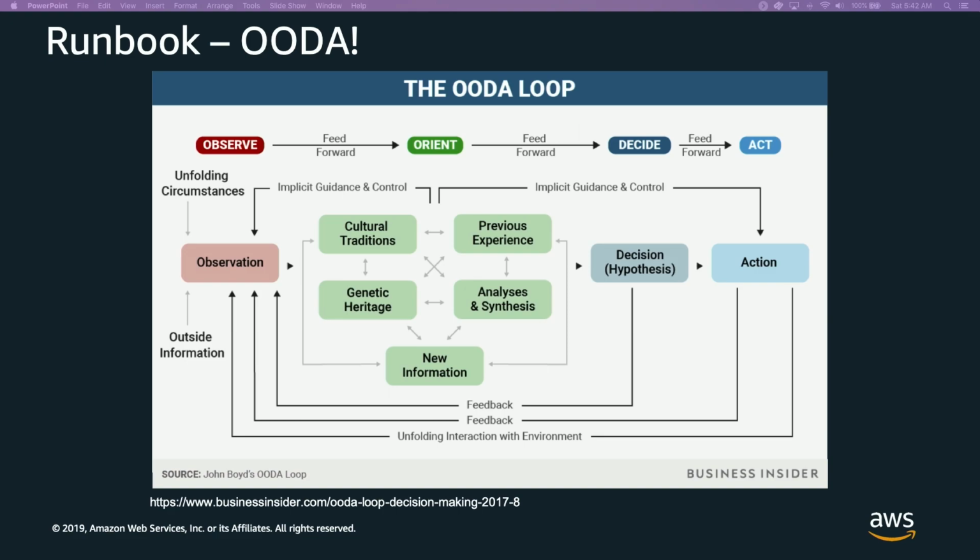The next one is Decide. And Decide is apparently, according to John Boyd, the hardest one, because we sometimes look at the observe and orient components too much and go into almost analysis paralysis, as we call it, around what we need to do to decide. This is why runbooks are really important, because they help you make the right decision in a structured way for a given set of circumstances.